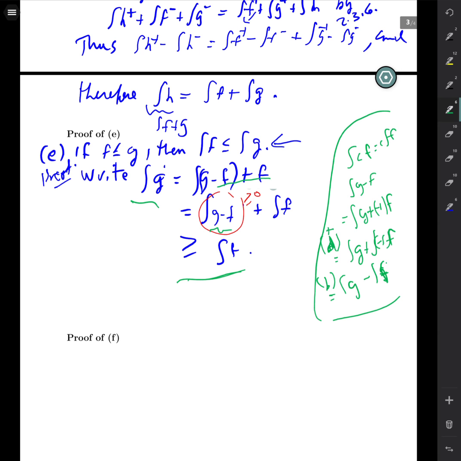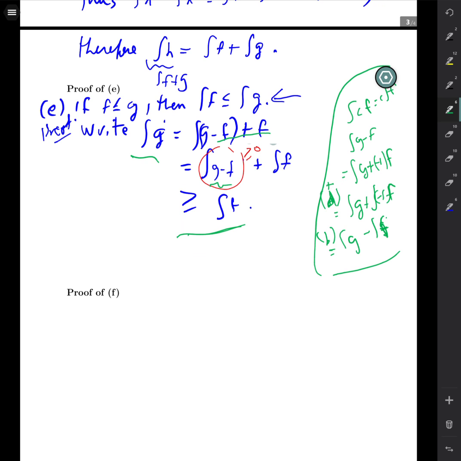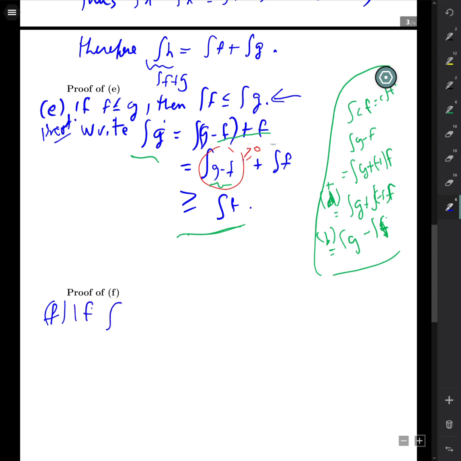That was pretty simple. The proof of F is kind of interesting. You might not have thought of this proof before, although after the homework, well, I don't know. Maybe I shouldn't say anything about that, depending on when you view this. So F says the following: if the integral of the function f d mu over, I think I used a B there, is equal to 0 for all B in the sigma algebra, then f equals 0 almost everywhere.